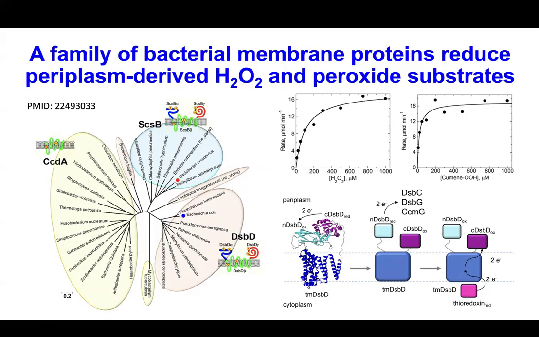Decades of work in bacteria suggested that the mechanism responsible for H2O2 detoxification in bacteria is carried out by the transmembrane proteins called SCSB and DSBD. These two proteins are located at the periplasmic membrane. And so the bacteria face the same problem.